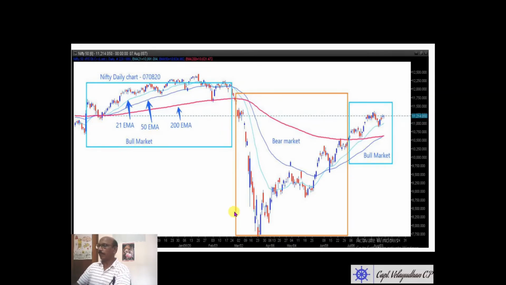The price remaining below the 200-day moving average is called bear market. And price crossed back again to the bull market now. This is Nifty chart. You can see the time the price fell below 200-day moving average, heavy selling took place. This is January and this is March 23rd. From here market started moving up.